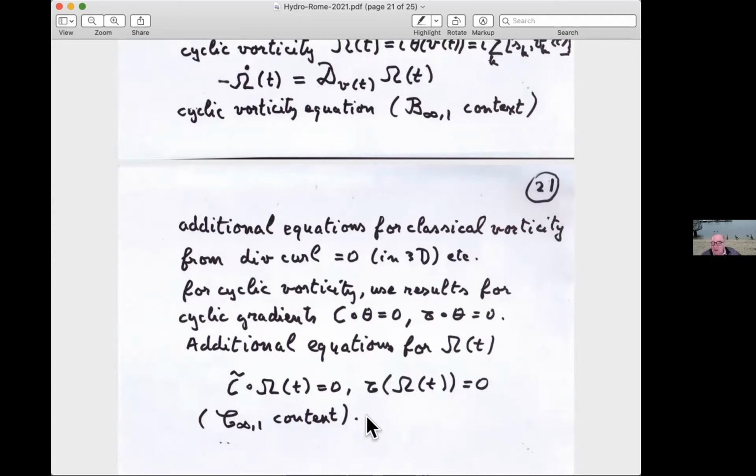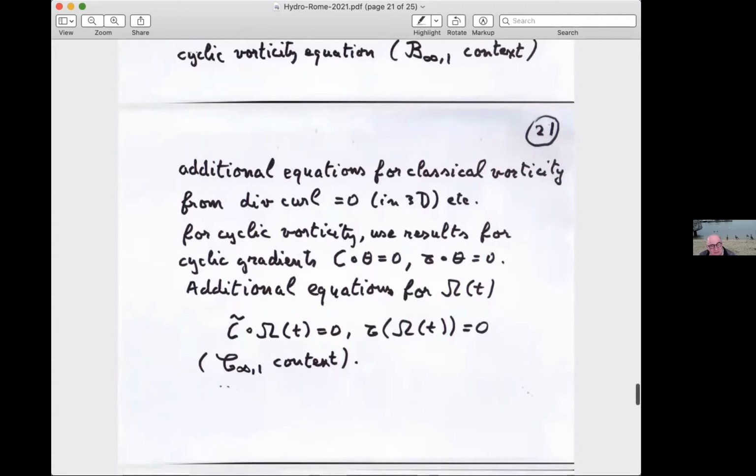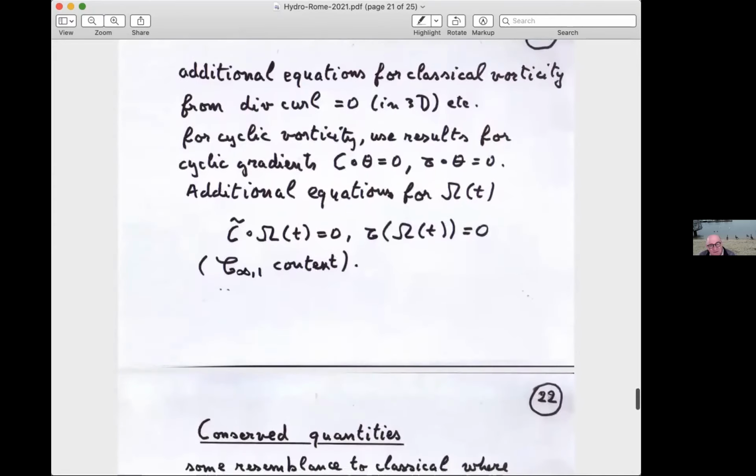The additional equations for the vorticity equation are that the cyclization of omega(t) is 0 and tau of the trace of omega(t) is 0. But here, this is no longer in B infinity comma 1. This is in the subalgebra, the closure in B infinity comma 1 of the polynomials.